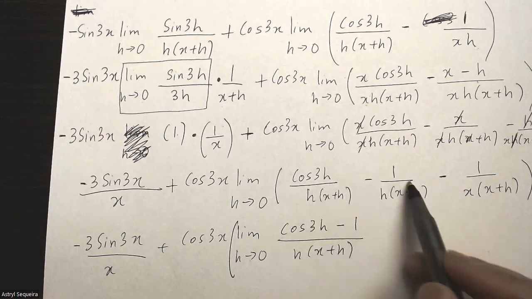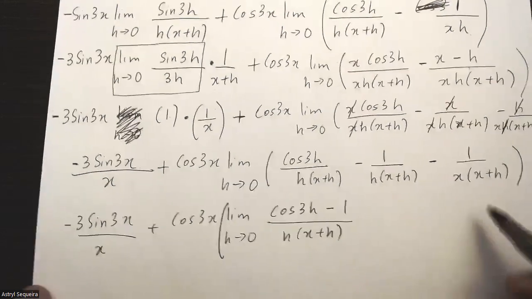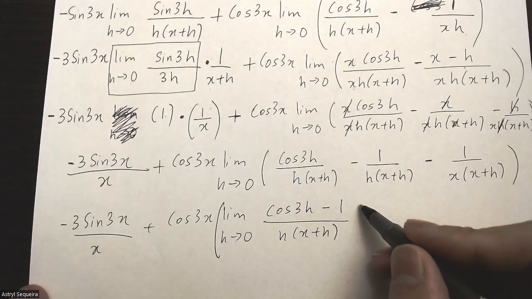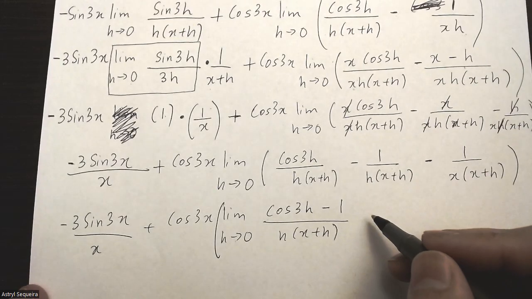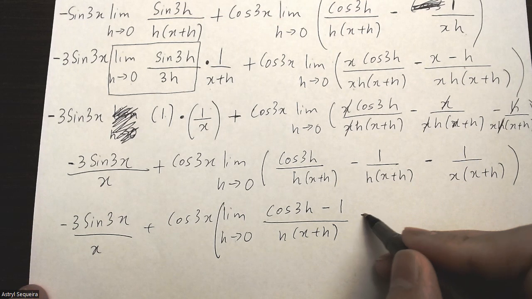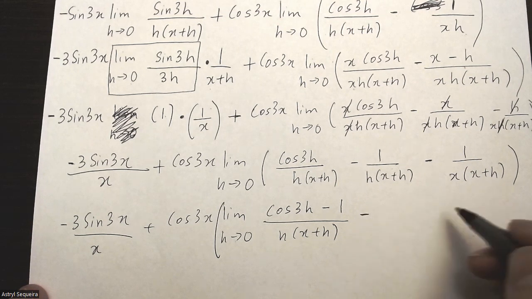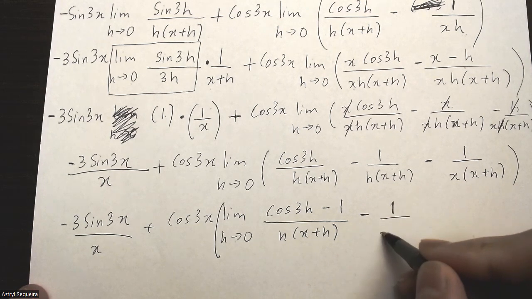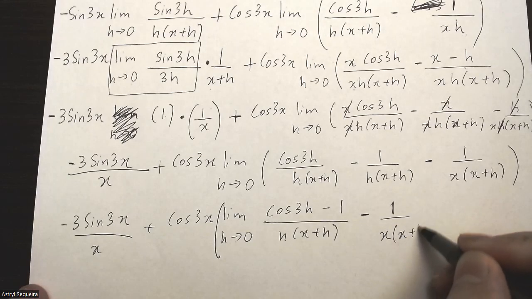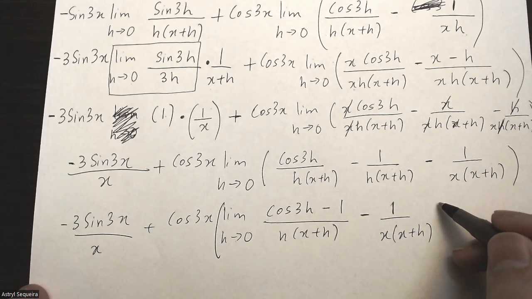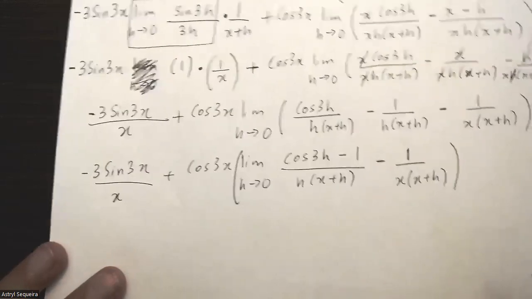I just combined these two because they have a common denominator. And this one, I will write it separately. Or maybe I can just keep it over here. It's honestly not going to be a huge difference. 1 over x(x plus h). Yeah, there's no difference. I'll just keep it here. I won't split them up.